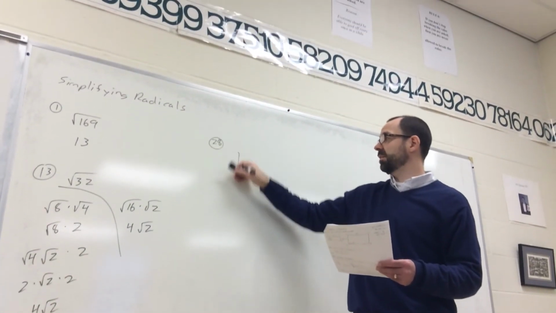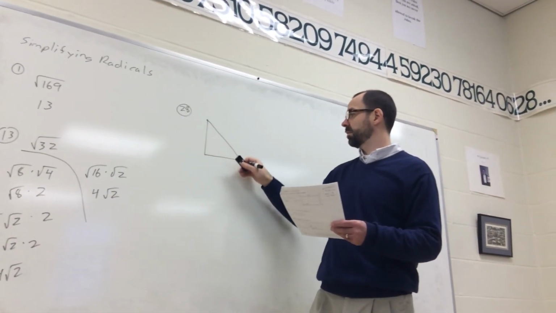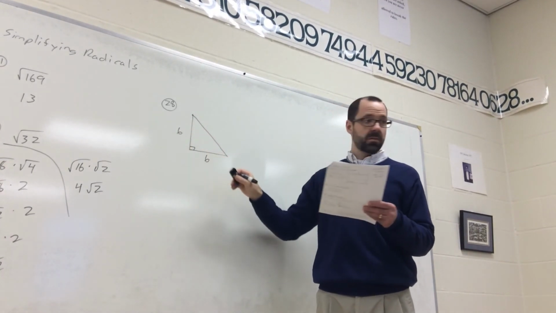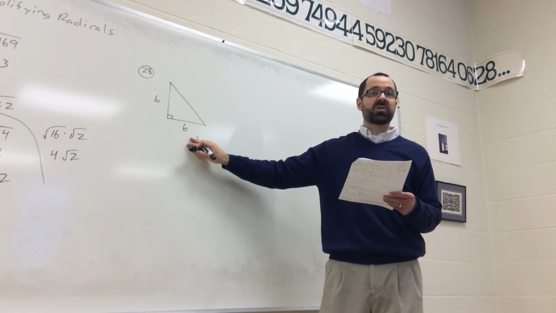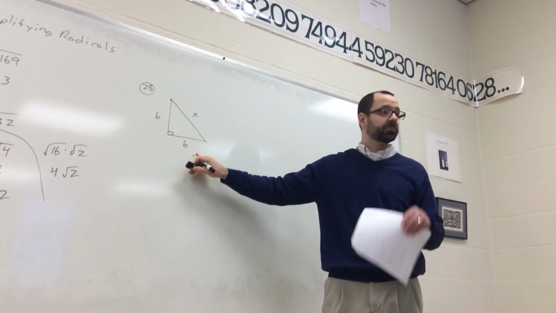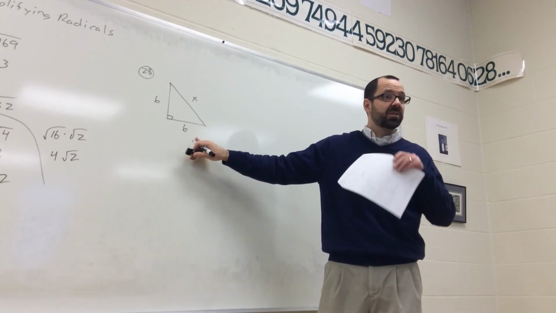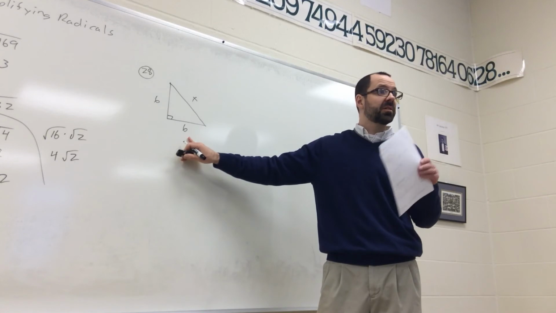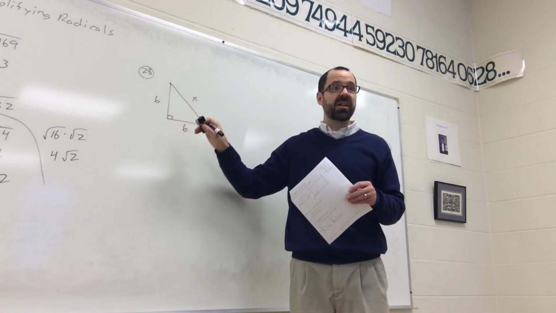Okay, here's number 28. What kind of a triangle is this? It's a right triangle. Yep, you're right. What else? It's a right triangle and it's, yes, isosceles, right, because it's got 2 equal sides.